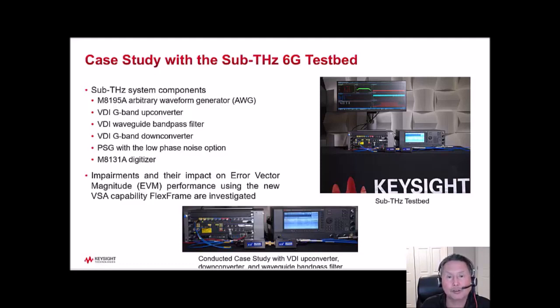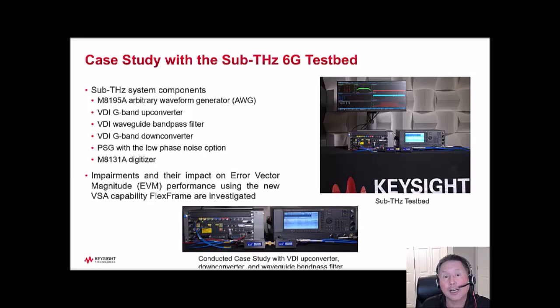It's then bandpass filtered with a VDI waveguide filter, and then downconverted back down to 6 GHz IF using the compact VDI G-band downconverter. A PSG with the low phase noise option, UNY, provides the LO for both the upconverter and the downconverter.